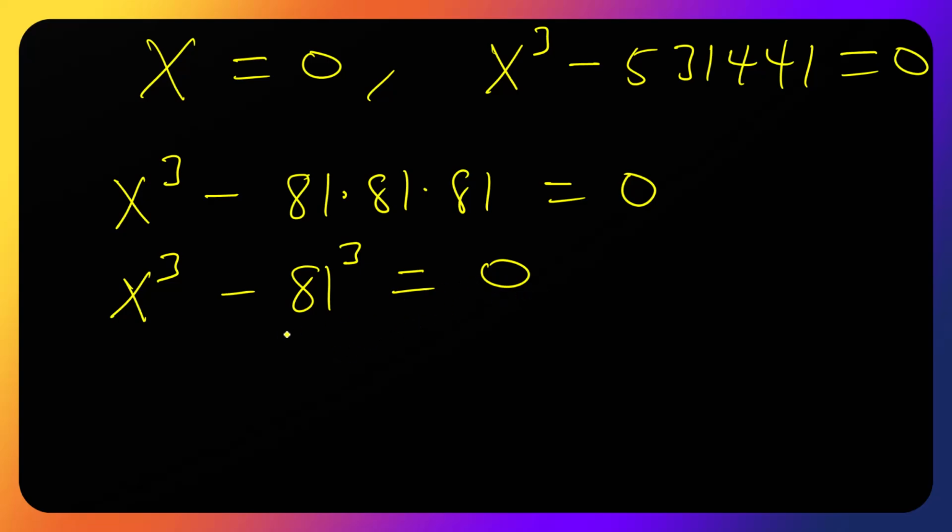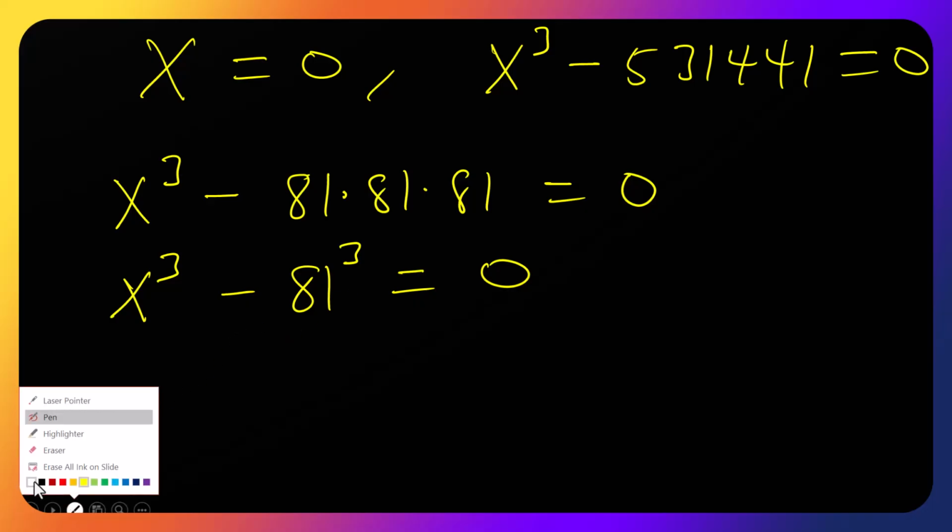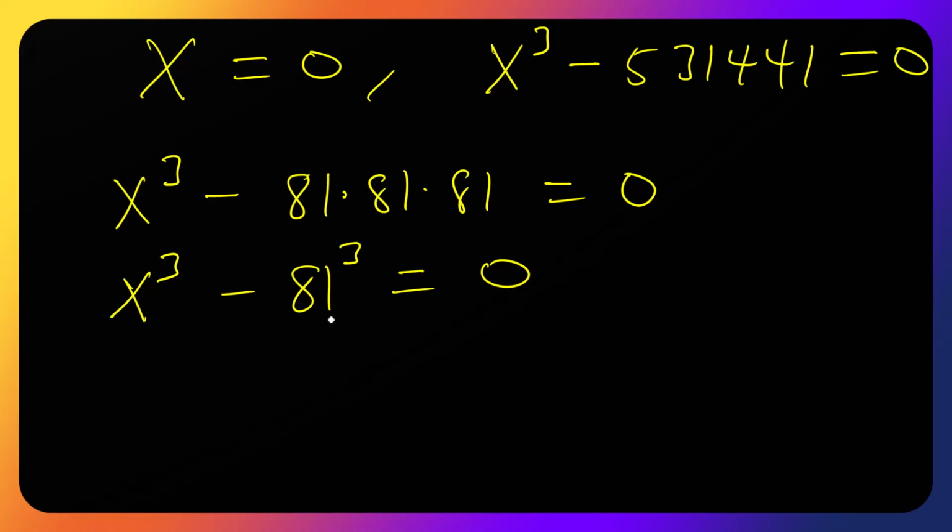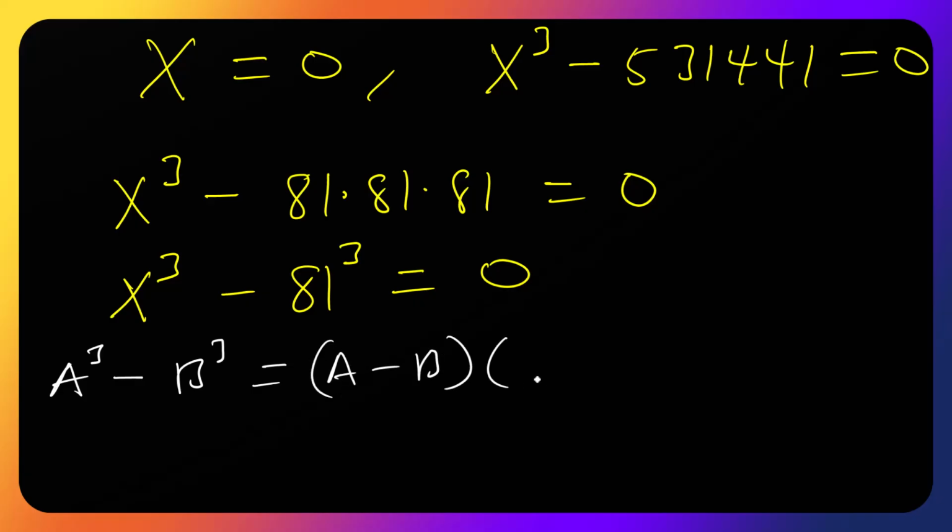If we go by the difference of cubes, a cubed minus b cubed is a minus b, times a squared plus the product ab plus b squared.